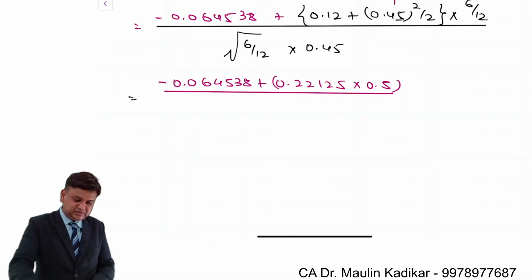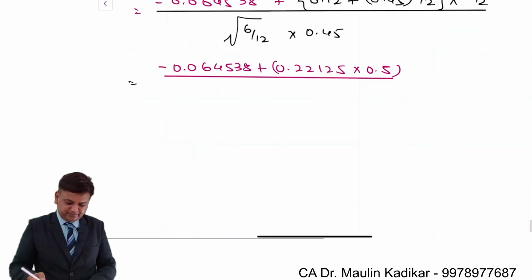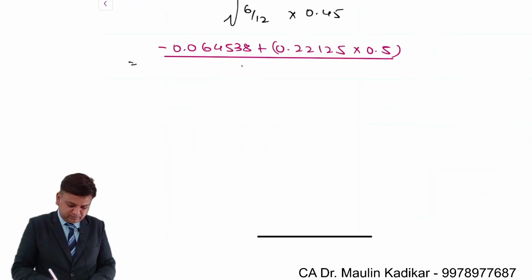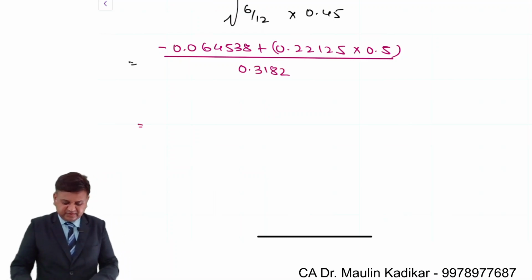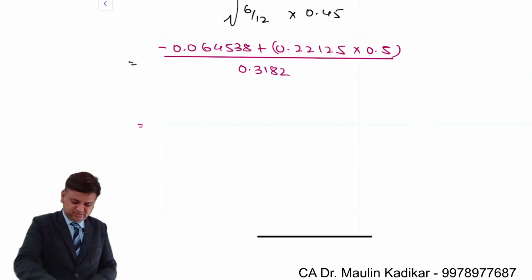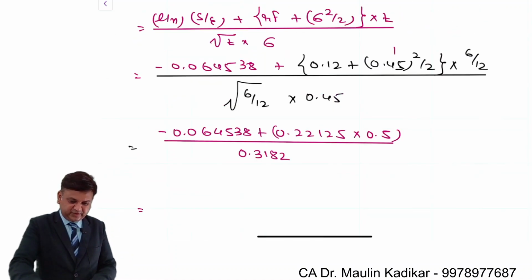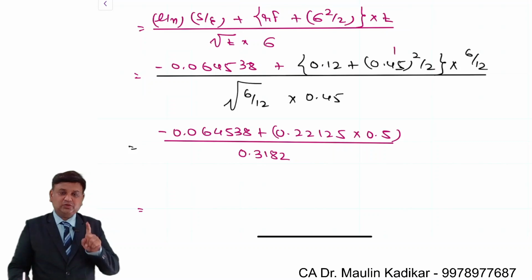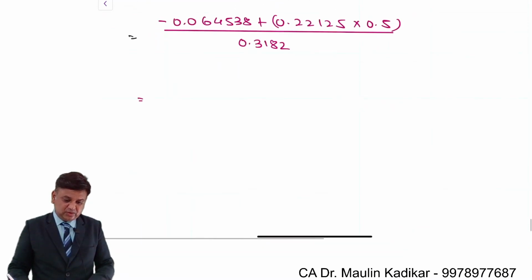So 0.7071 into 0.45 is 0.3182. So 0.22125 into 0.5 is 0.110625.